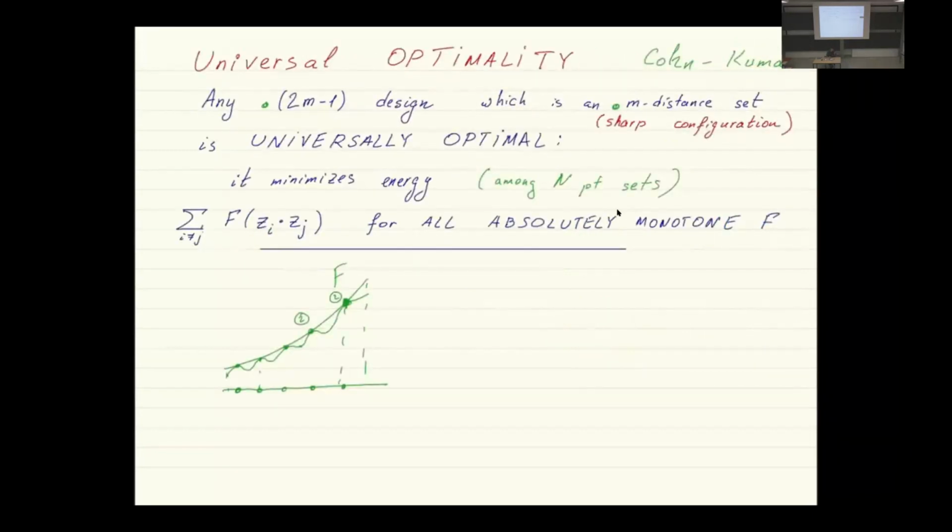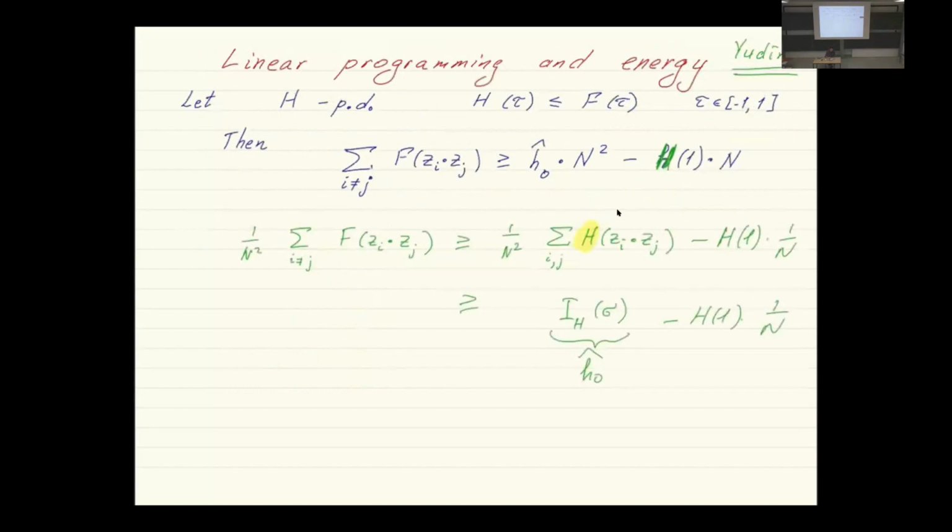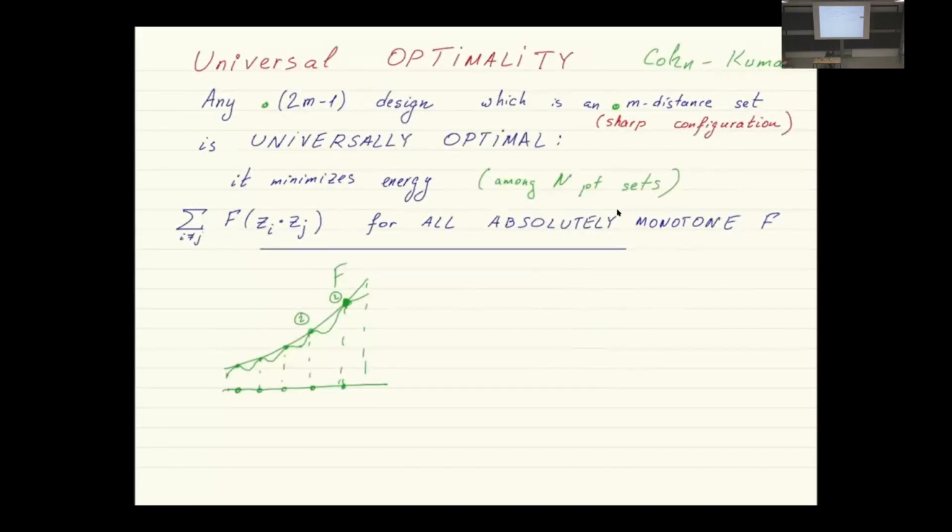So you want this to be a design of sufficiently high strength so that H gives you the same value on the design as on sigma, so that this inequality becomes equality. All right, so this is the idea of the proof.